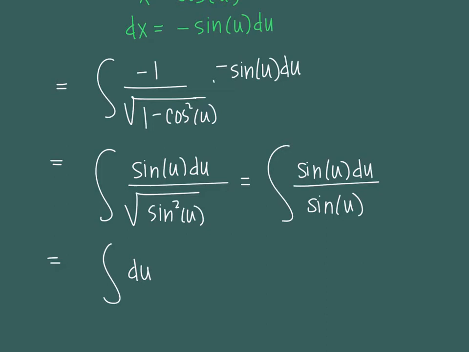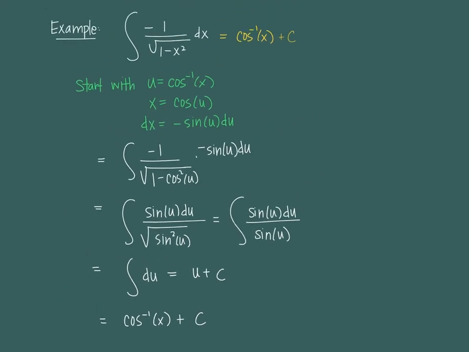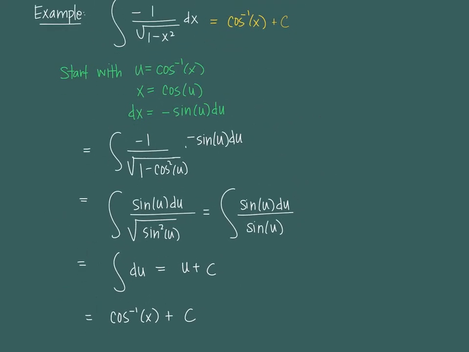And what's the antiderivative of du? u plus c. And what did u represent? u was the inverse cosine of x. And so now you've proven that it turned out the way you had memorized it to turn out, but now you see why. It's just that at the time, you didn't know enough to be able to understand that, but now you do. So sometimes you got to take stuff on faith until you actually know enough of the math to be able to understand a proof.